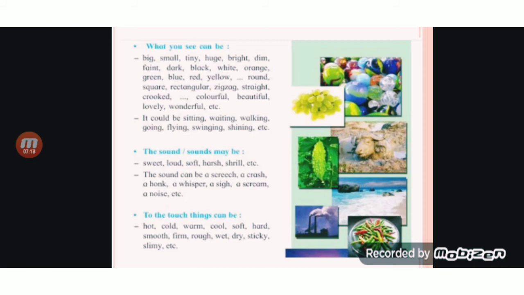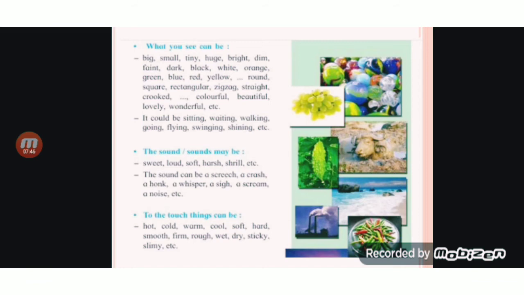To the touch, things can be hot, cold, warm, cool, soft, hard, smooth, firm, rough, wet, dry, sticky, slimy, etc. So whenever you touch an object, you will get the feeling what kind of an object it is. Is it hot? Is it cold? Is it hard? Or is it firm? Or is it smooth? Or is it rough?